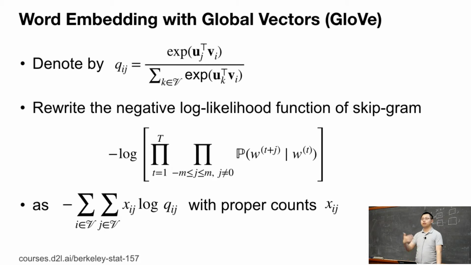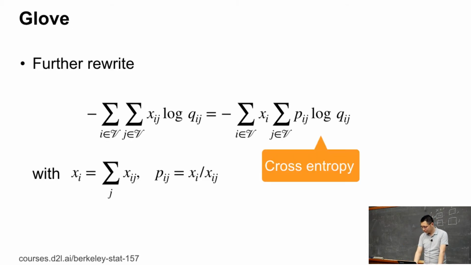We can further rewrite: let x_i be the sum over j of x_ij, and p_ij is x_ij divided by x_i, the frequency with which the pair actually appears in the corpus. So we can put x_i before the second sum operator, and the inner one is the sum over j of p_ij times log q_ij.